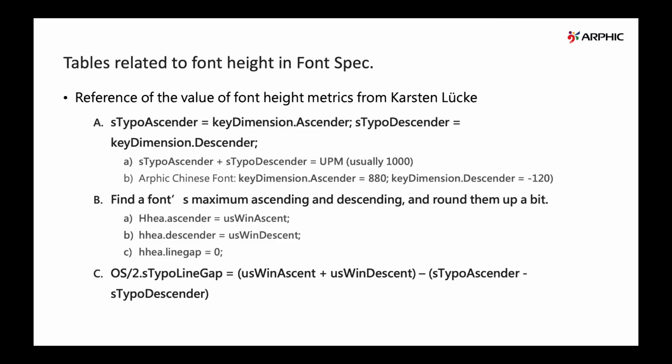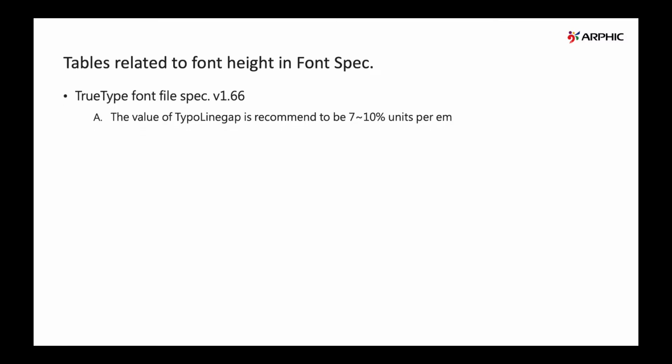About the values of metrics, you can find a couple of articles on the internet, and in our process of productization, we refer to the values that Karsten Luecke proposed, as the slide shows. Microsoft TrueType spec version 1.66 recommended the average line gap value should be 7 to 10% of units per EM.